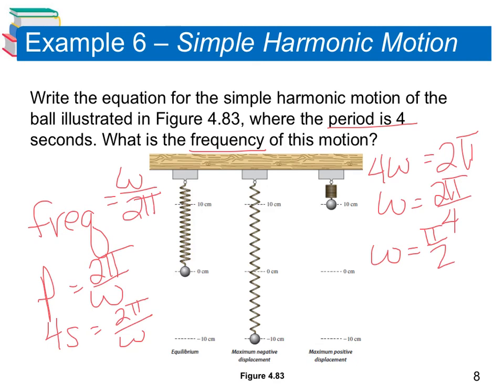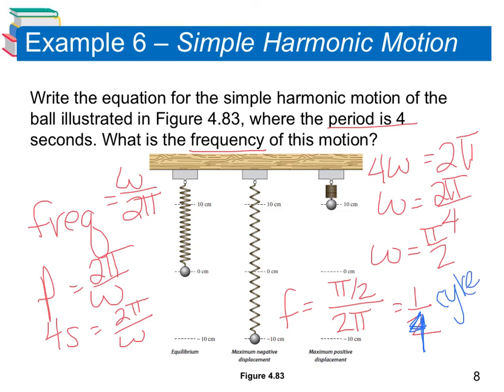If I put that into frequency, omega, pi over 2 over 2 pi, it's going to take me to 1/4. And that should be 4 right there. So 1/4, it's completing 1/4 of a cycle per second.